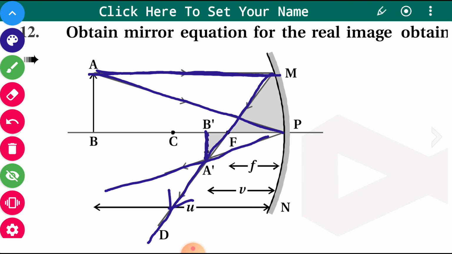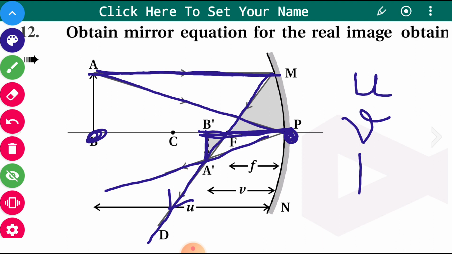Now the distance of the object from the pole of the mirror is denoted by u. The distance of the image, that is pole to B prime, is the image distance denoted by v. Focal length is denoted by f, and radius of curvature, that is the distance between the center of curvature and the pole, is denoted by R.